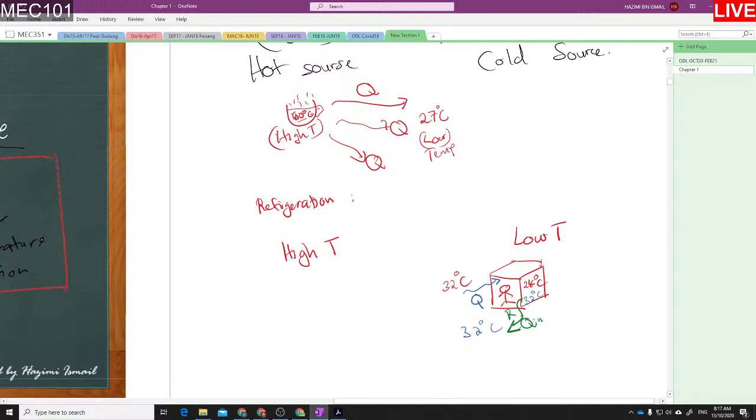That is what we call the refrigeration process. By doing that, your room will remain at 24 degrees or lower, as long as the refrigeration process is running.